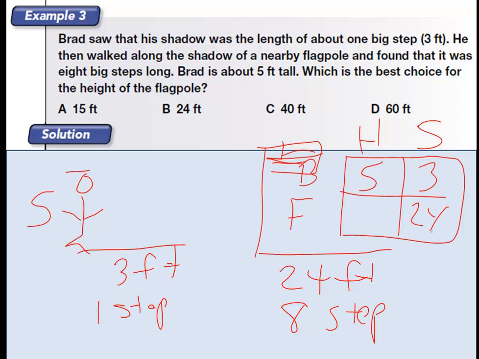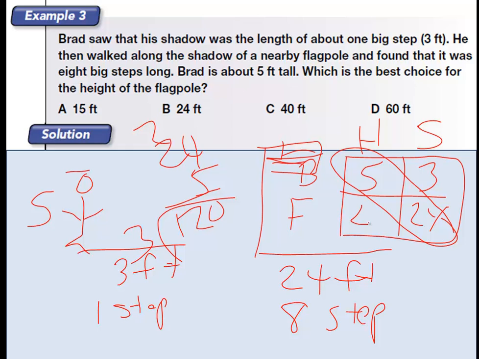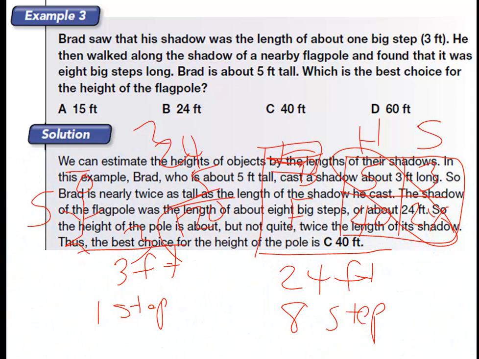So now we can cross multiply this. 24 times 5 is 120. 120 divided by 3 is going to be 40. So we know that our flagpole is 40 feet tall. Answer C.